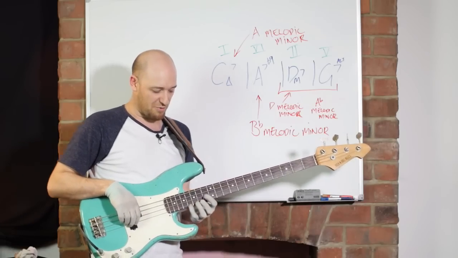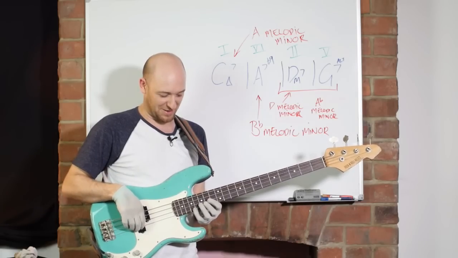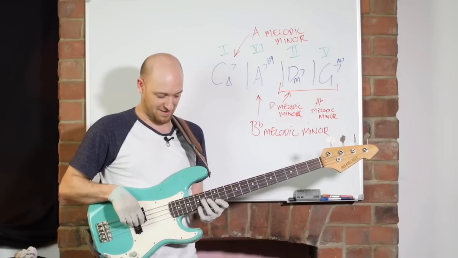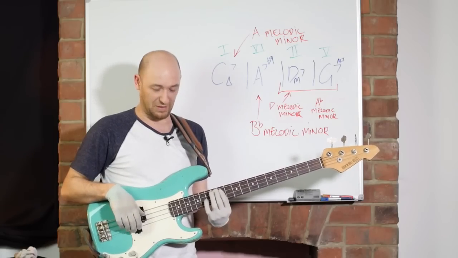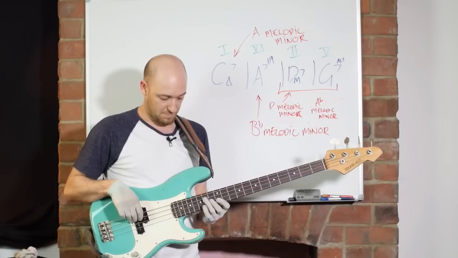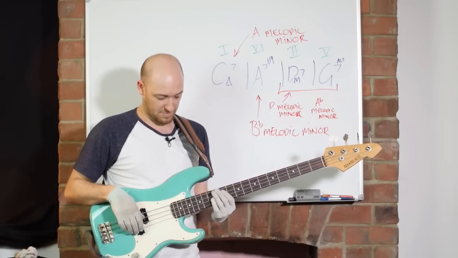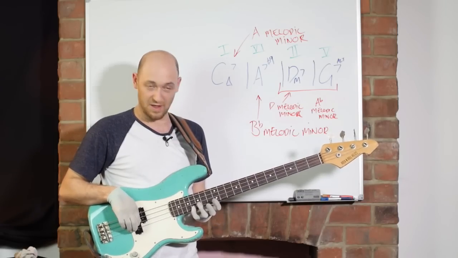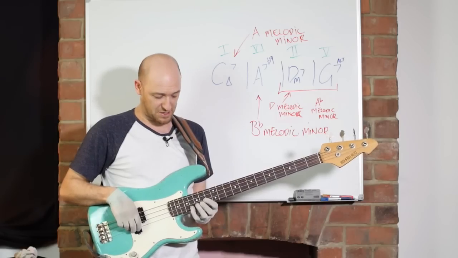Another one that I really like to use is this one. If you listen to me playing, you'll hear it all the time. Okay, so it starts on the minor 3rd of the arpeggio.